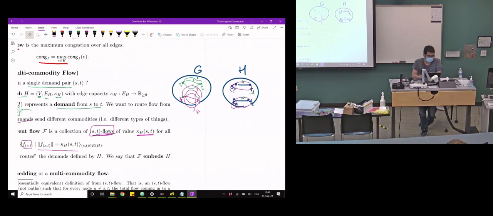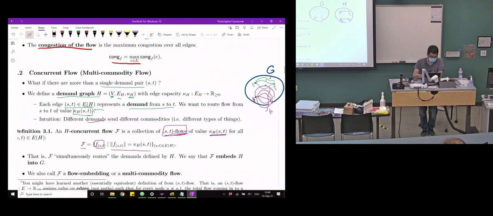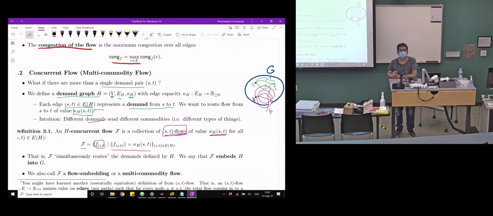So in our context, we will talk about undirected graphs. But you can really justify H-concurrent flow when the demand is directed too. That makes sense, it just extends to directed graphs. And the flow function will also have subscripts 1 and 2. Because there are two commodities, the flow function will have subscript 1 and subscript 2.